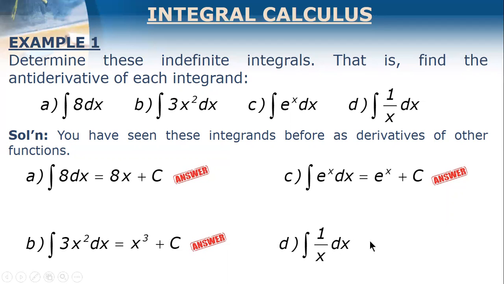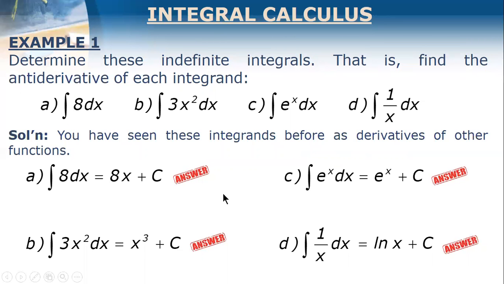And the answer is ln x plus c. But guessing is not our objective. This is just a simple test of your knowledge of differential calculus, basic derivatives.